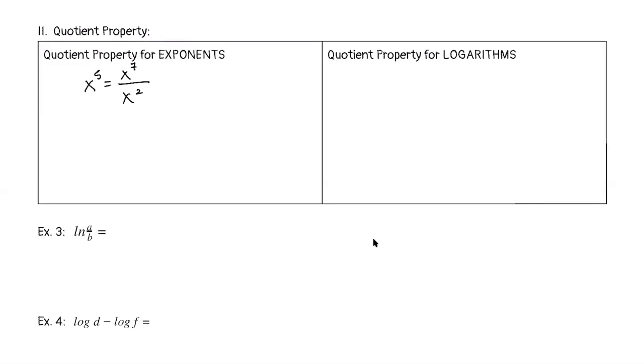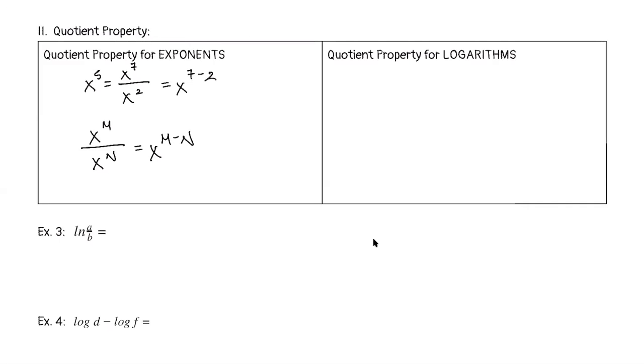Because that tells me that I could do x to the 7 minus 2, which gets you back to 5. And in general, we can write that to be x to the m over x to the n equals x to the m minus n. But it could also work the other way, where we have x to the m minus n, and we want to split it up into a top and bottom part of our fraction, okay?